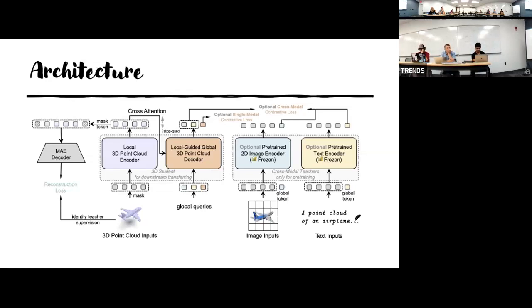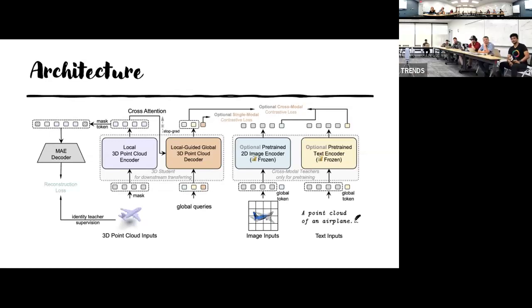Then you have a cross attention algorithm, which goes from your generative model towards your contrastive model, and then you will be creating the representation for your downstream task. So that is what happens in the architecture.